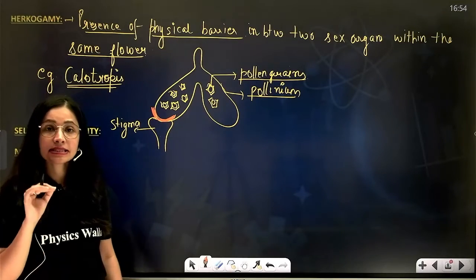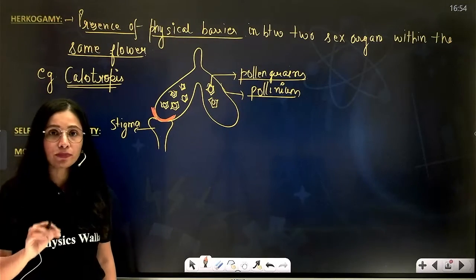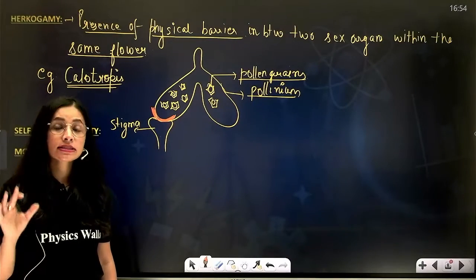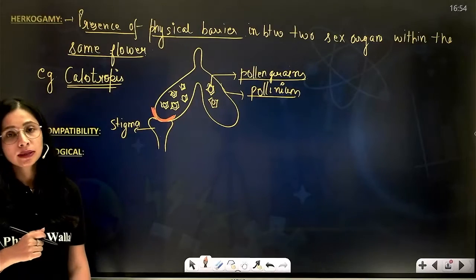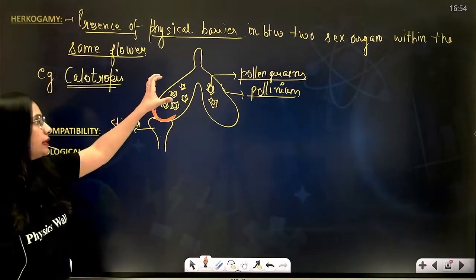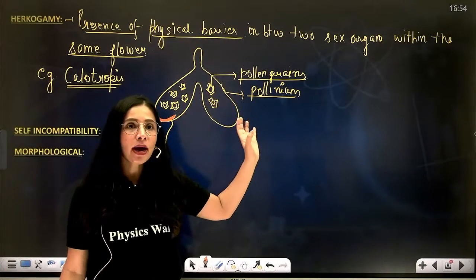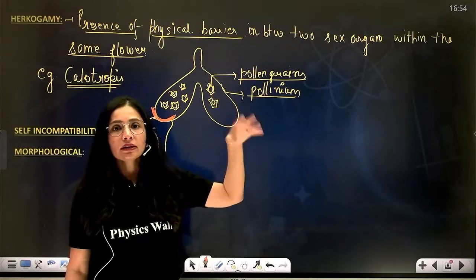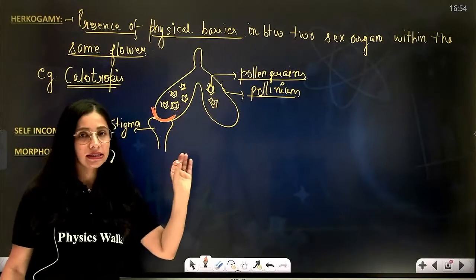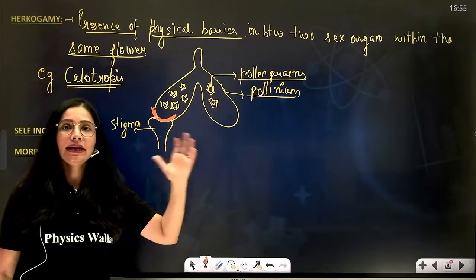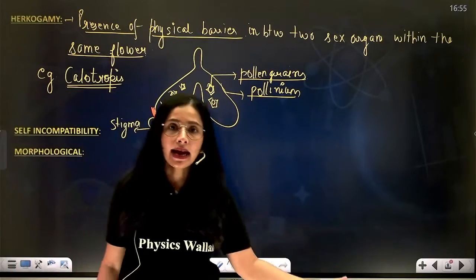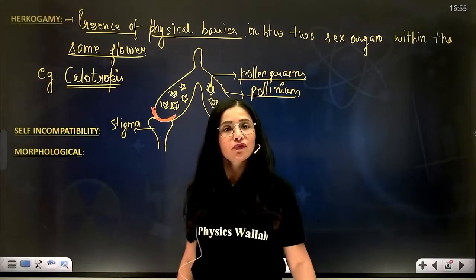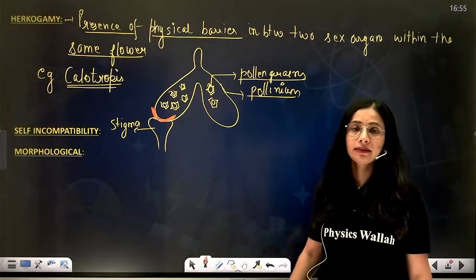So, this is the barrier in calotropis that avoids self-pollination even after being bisexual. Now, this whole pollinia will be taken up by the wind, and with the wind, this sac-like structure will disrupt, will degenerate, and will let the pollen grains set free. Now, these pollen grains can land on another calotropis flower, but not on the same.